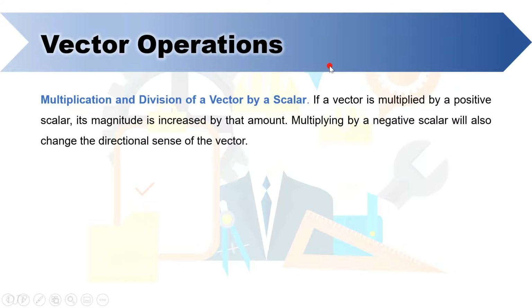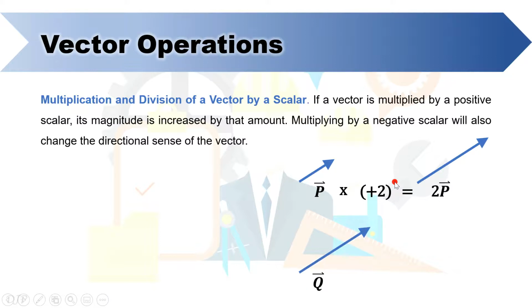However, the sign of the scalar quantity affects the direction of the vector. For example, you have force vector P and you multiply it by positive 2, which is a scalar quantity. The answer is simply twice the force vector P with positive direction. Another example is you have force vector Q and you divide it by negative 2. The answer is simply half of the vector Q with negative direction.